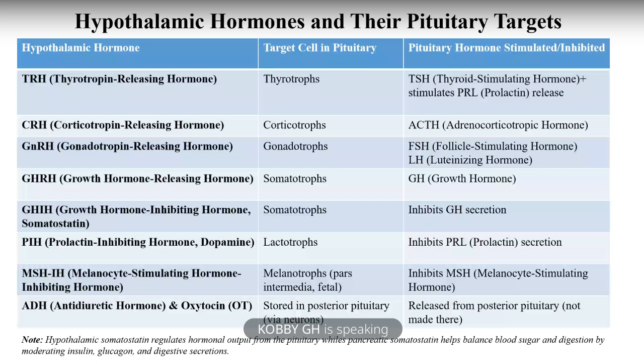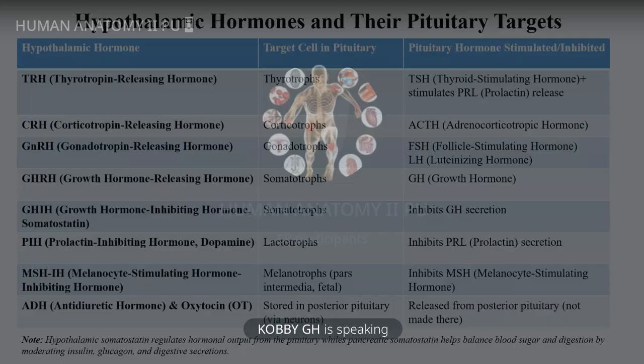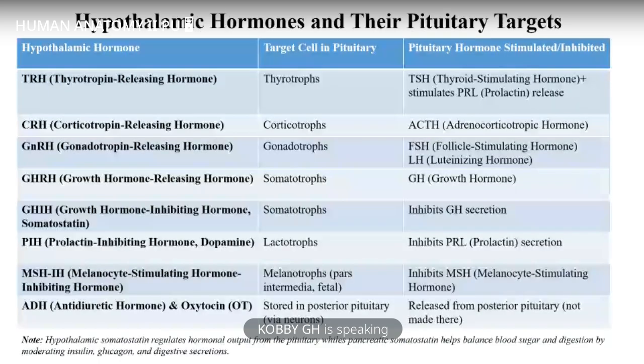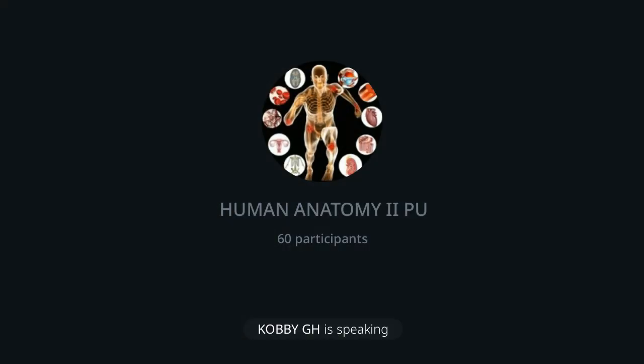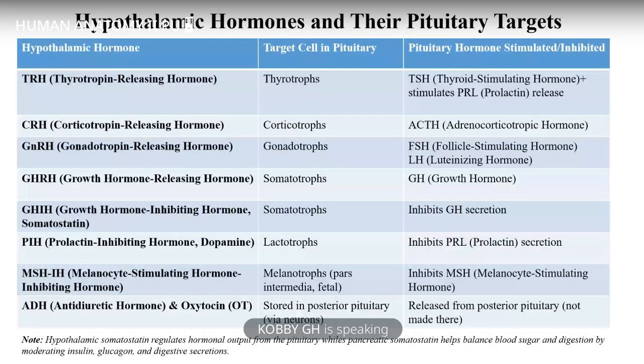What will be your answer? None of the above. If the hypothalamus produces oxytocin, it doesn't target any cell in the anterior pituitary. The answer we would have been expecting is the posterior pituitary. So if you are seeing cells in the anterior pituitary, then the answer is none of the above. Very simple questions like that.